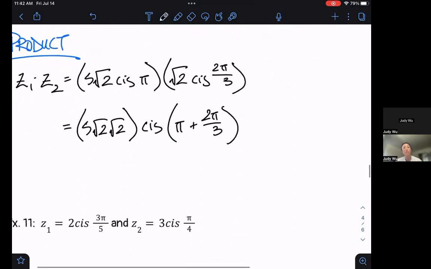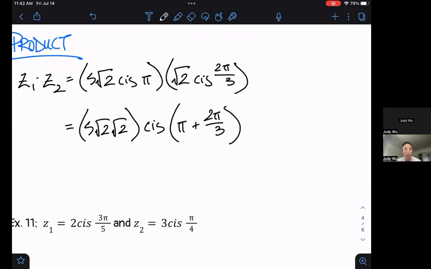Now, there's a little bit of arithmetic in here, so I want to make sure that we're clear on where we get these from. Root 2 times root 2 is just 2. And then 2 times 5 gives us 10. Cis, in order to add these fractions here, I need a common denominator, right?